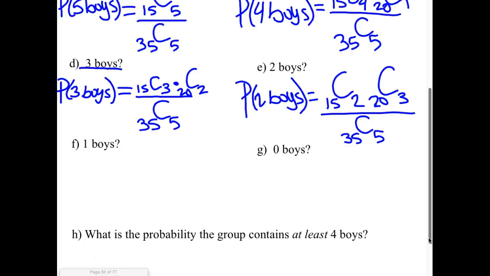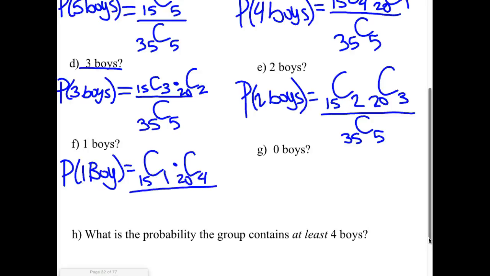Our last 2 here. I'm picking 1 boy. That means I have 15 boys, and I'm picking 1. And that means I have to have 4 girls.